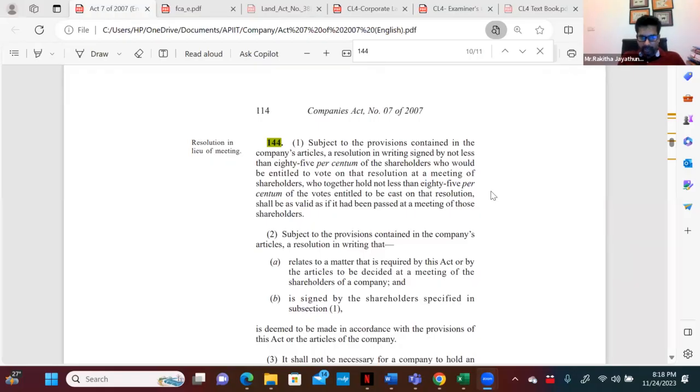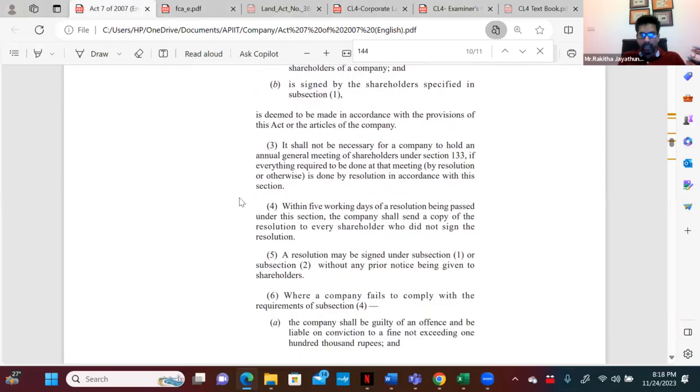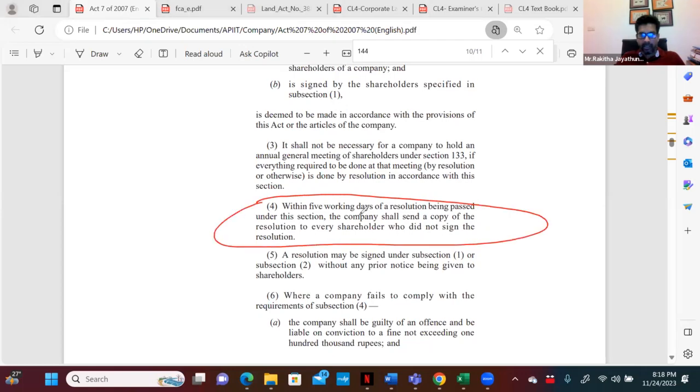And the other thing is, don't forget to mention this also. Section 144 subsection 1, and then mention this also in your answer. Within 5 working days of the resolution being passed under this section, the company shall send a copy of the resolution to every shareholder who did not sign the resolution. Because if you have 100 shareholders, you send the resolution to all 100.